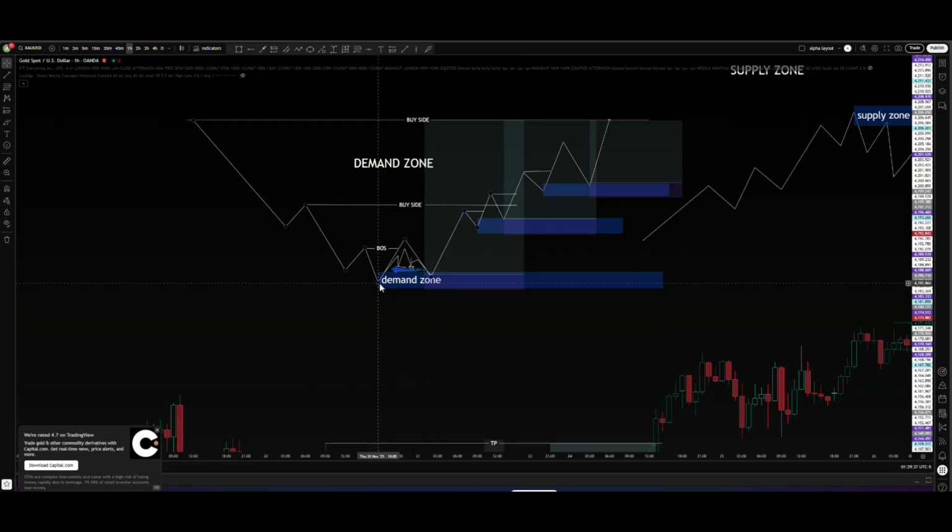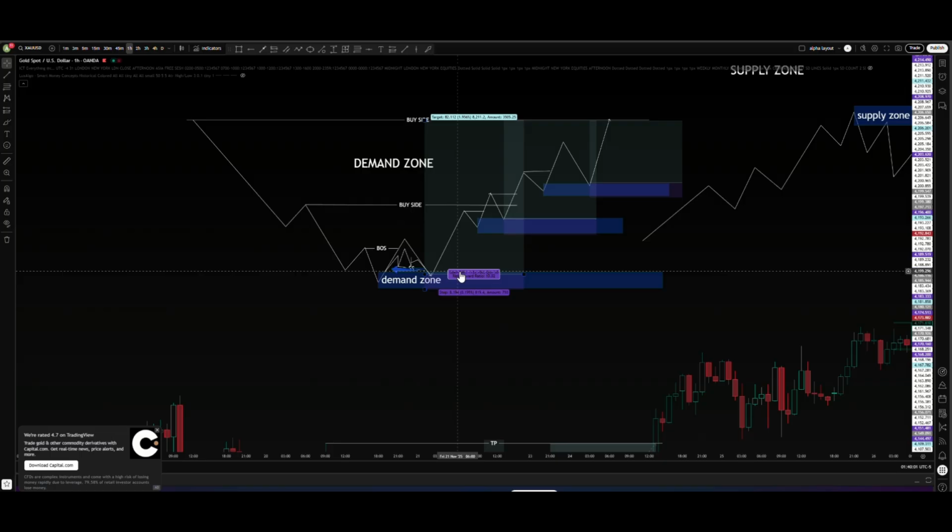After this move, this move is always a fake move, trapping retail traders like us. But if you trade with the smart money, you will take your positions down here. This is a discounted position, where the big money steps in.